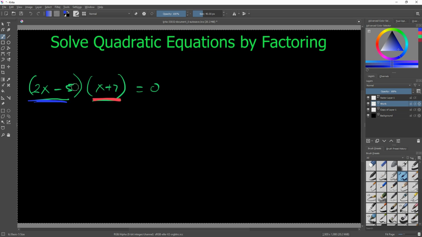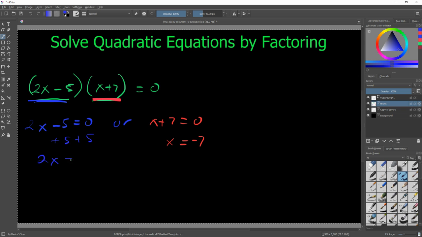All you do is take the blue, make it equal to 0, or and then take the red and make that equal to 0. So I have 2x minus 5 is equal to 0, or I have x plus 7 is equal to 0. And you solve for that, right? So this one, x has to be equal to negative 7, and this one, you add 5 to both sides.